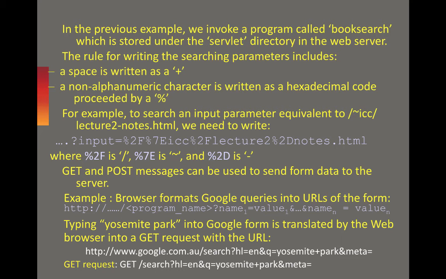So instead of typing slash, because slash can be interpreted as part of the command, we type percentage 2f. Instead of dash, we might have percentage 2d and so on. So the idea here is that if you use the code for the characters instead of the characters themselves, it is then considered as data rather than used as a command.